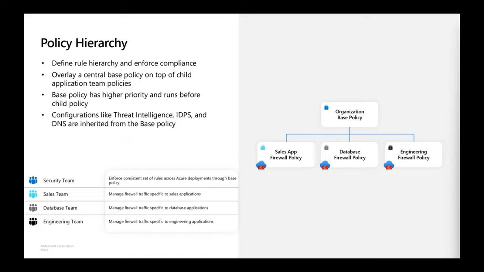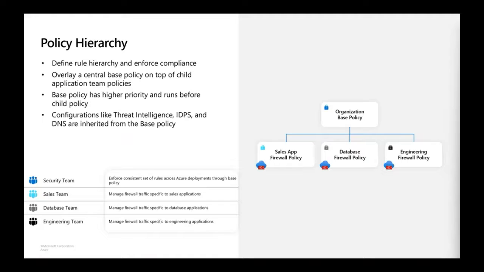Just to add here, the firewall policy is a global resource, so you can have a firewall policy deployed in East US 2 and attach this policy to a firewall which is deployed in Europe or another region.